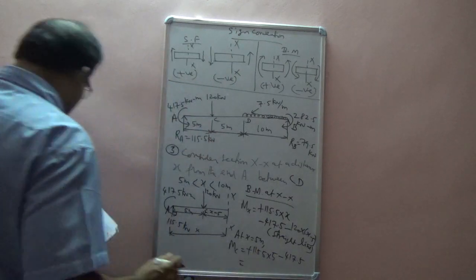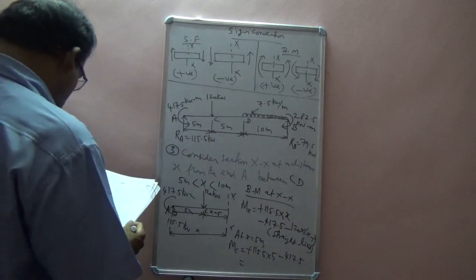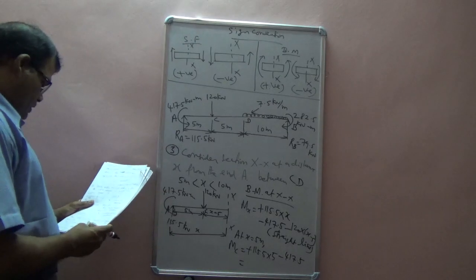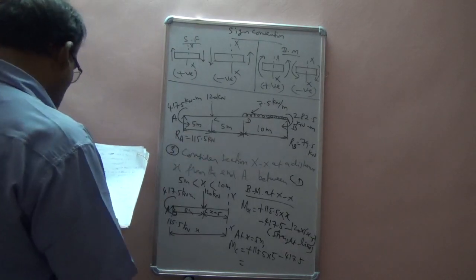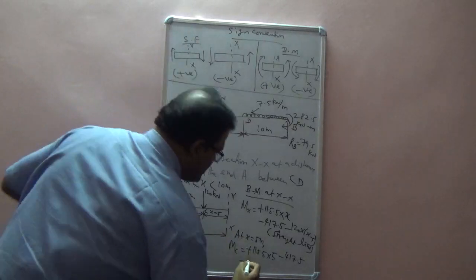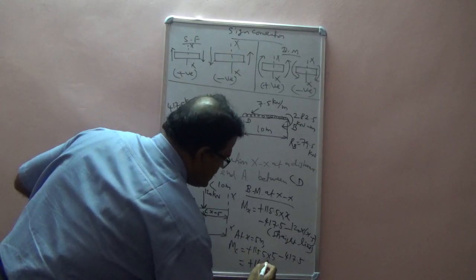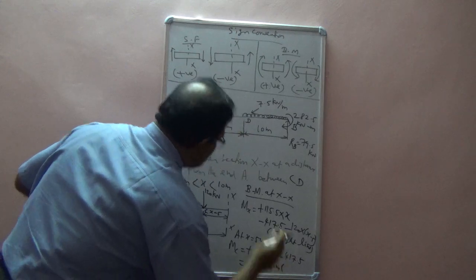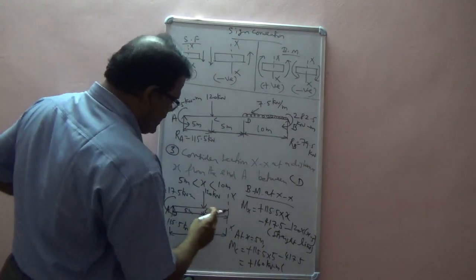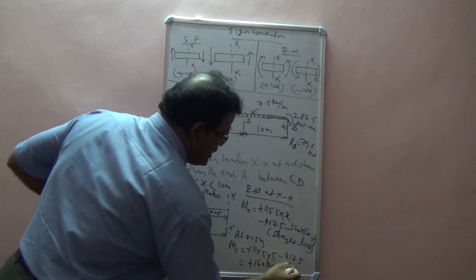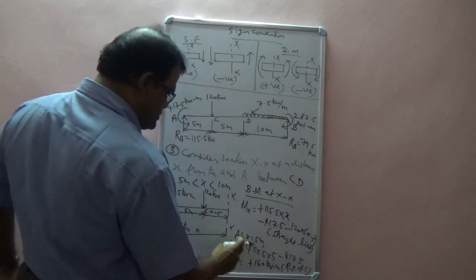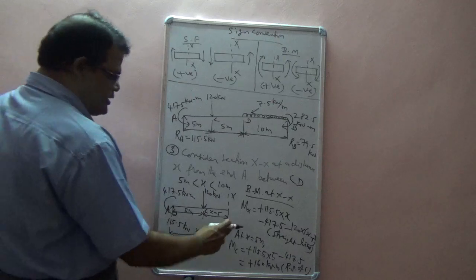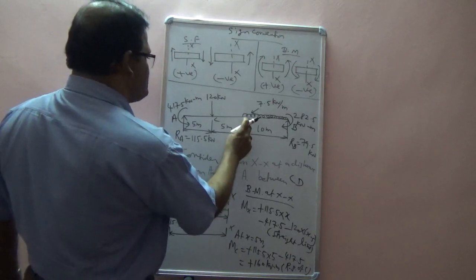So MC will be, in this case on the right side of C, plus 160 kilonewton meter. So that is the right side of C, not D. So that is MC.